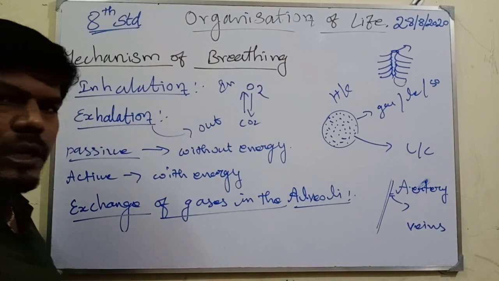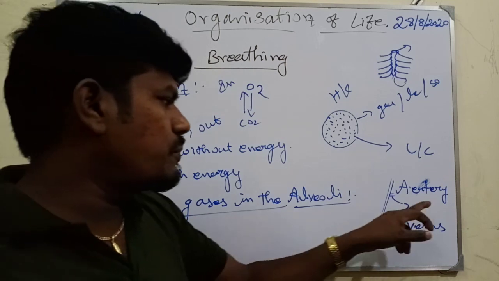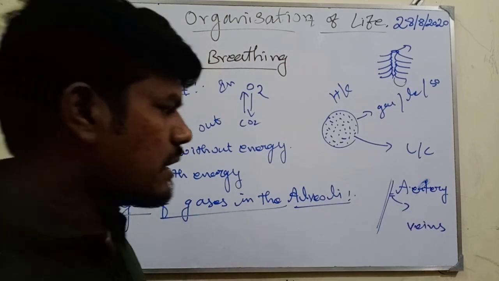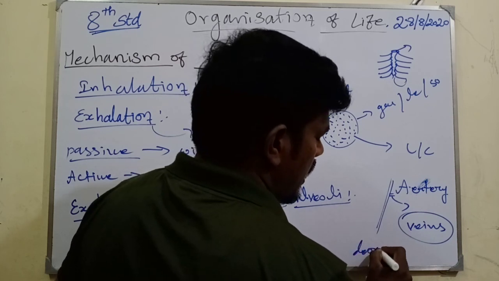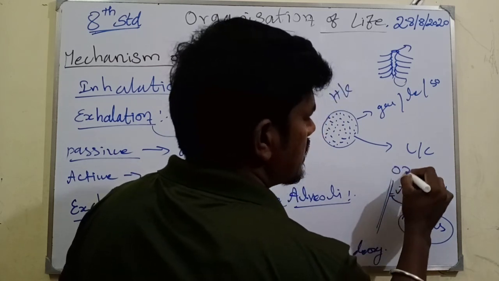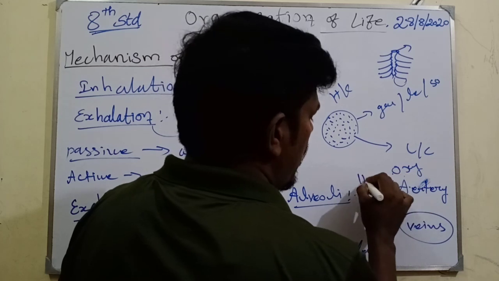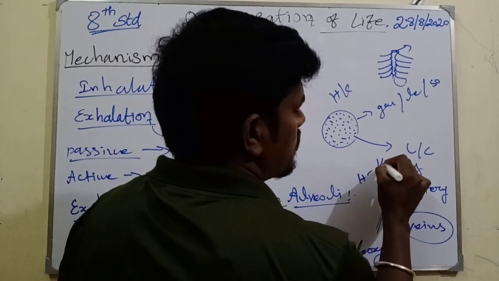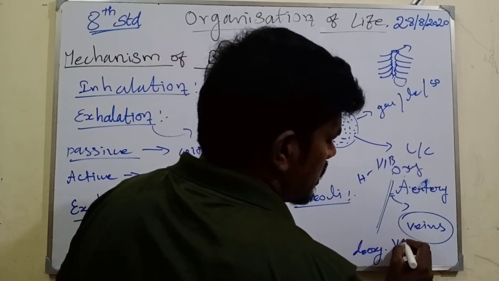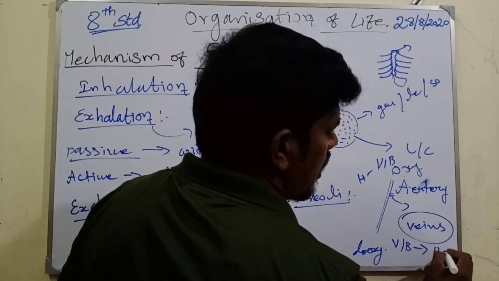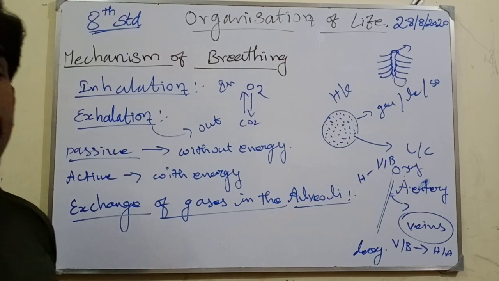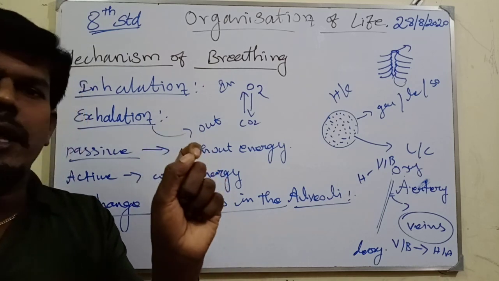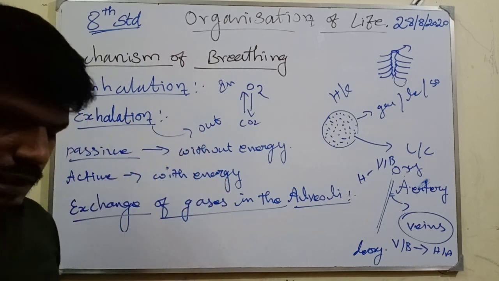Because of these organs, these tubes are responsible for carrying blood. Veins carry deoxygenated blood, and arteries carry oxygenated blood from the heart to various parts of the body, and back from the various parts of the body to the heart. The tubes through which blood flows are called blood vessels.